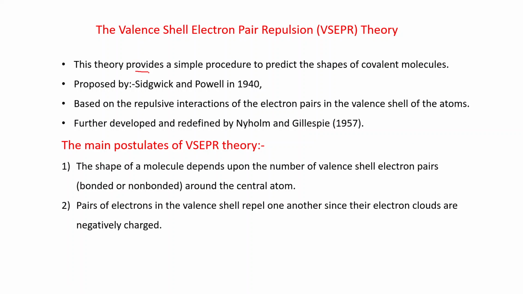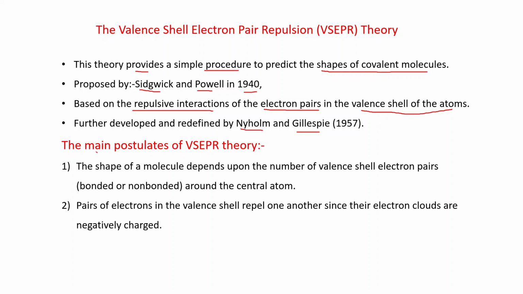This theory provides a simple procedure to predict the shapes of covalent molecules. It was proposed by Sidgwick and Powell in 1940. It is based on the repulsive interactions of the electron pairs in the valence shell of the atoms, and it was further developed and redefined by Nyholm and Gillespie.